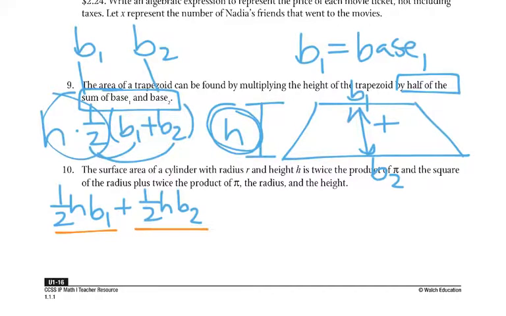One term, two terms. Do we have coefficients? Yes, 1/2 on both of them is the coefficient. Okay. Do we have factors? Yeah. 1/2 h and b1, 1/2 h and b2. Okay, those would be the factors. Do we have any constants? No, because we've got variables involved in all of it. Alright, so there we go for that one.